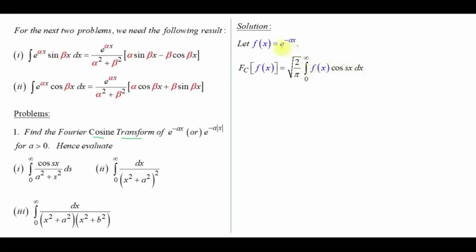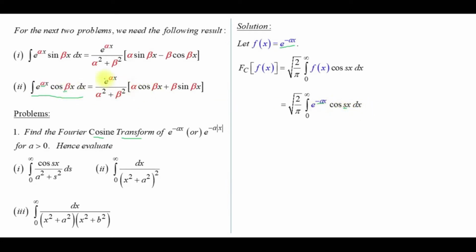Here f of x is e power minus ax. So it is square root of 2 by pi, integral 0 to infinity e power minus ax into cos sx dx. This is similar to the second formula, e power alpha x cos beta x dx. So here alpha equals minus a and beta equals s.